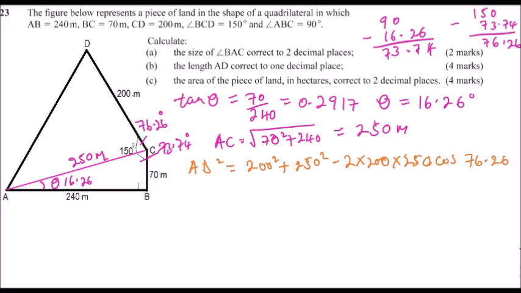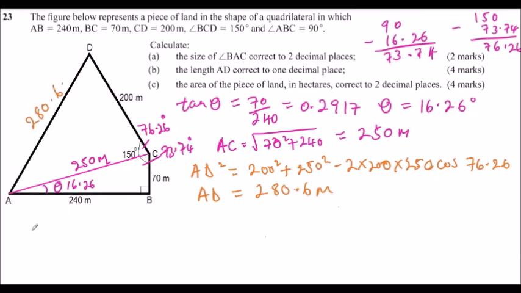Using your calculator, you should be able to get AD. You get the square root, and that will give you 280. You can do that because I'm limited by the space I have. So you get that it is 280 meters.